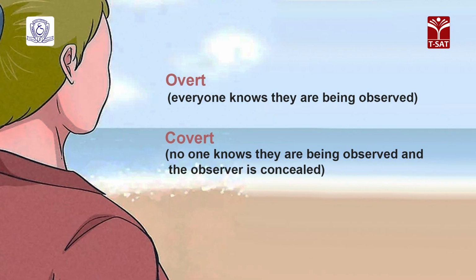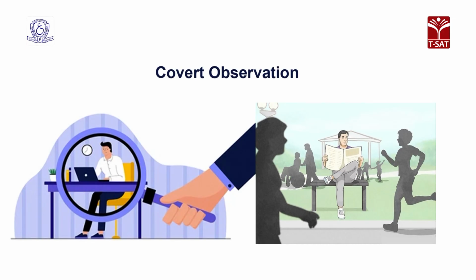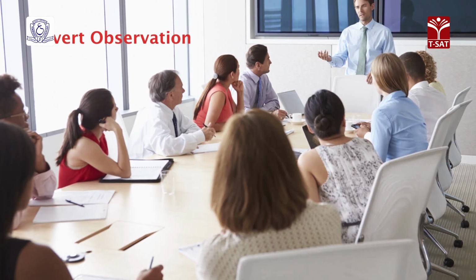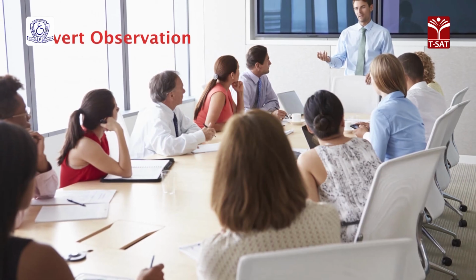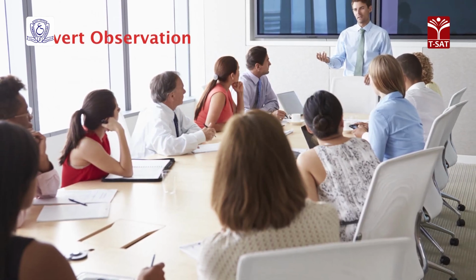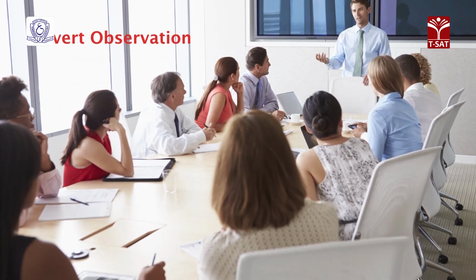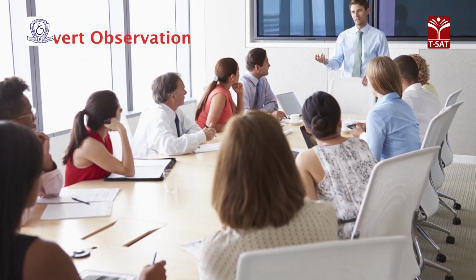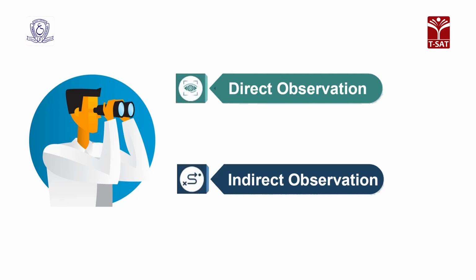The benefit of covert observation is that people are more likely to behave naturally if they do not know they are being observed. However, we will typically need to conduct overt observation because of ethical problems related to concealing your observation. Observation can also be either direct or indirect.